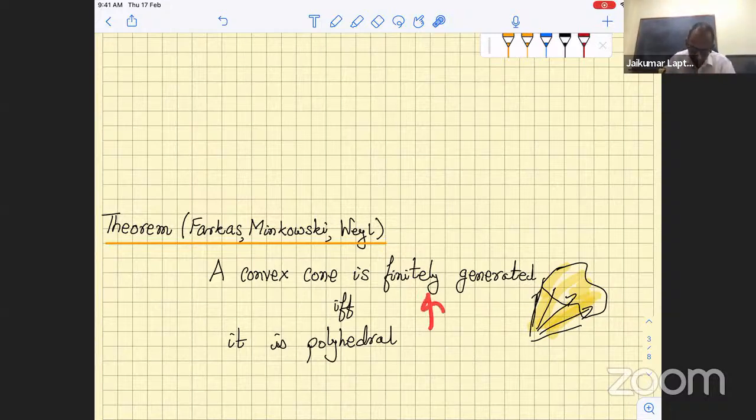And the opposite, if there is a finite number of inequalities that define it, then there is a finite number of points which generate it. So the way you should think about it is, when you are given those rays, the rays tell you what to include, in the following sense, that any point which can be obtained as a conic combination of the rays is in the cone.